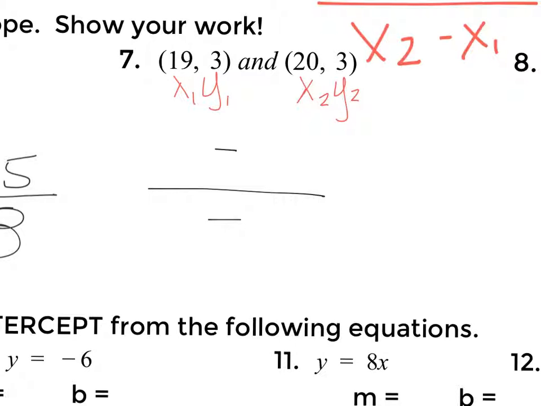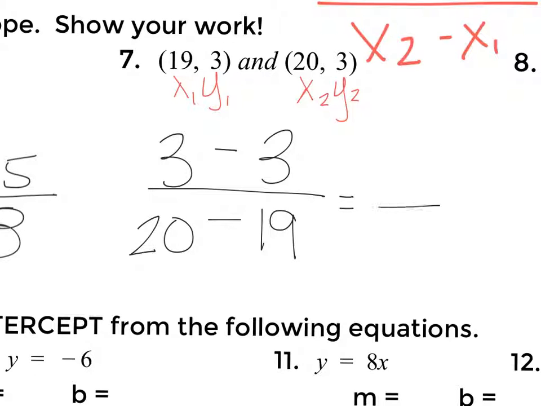Write this down, y2 minus y1, so 3 minus 3. Well, that could be interesting. In your denominator, you have 20 minus 19. 3 minus 3 is 0. 20 minus 19 is 1.